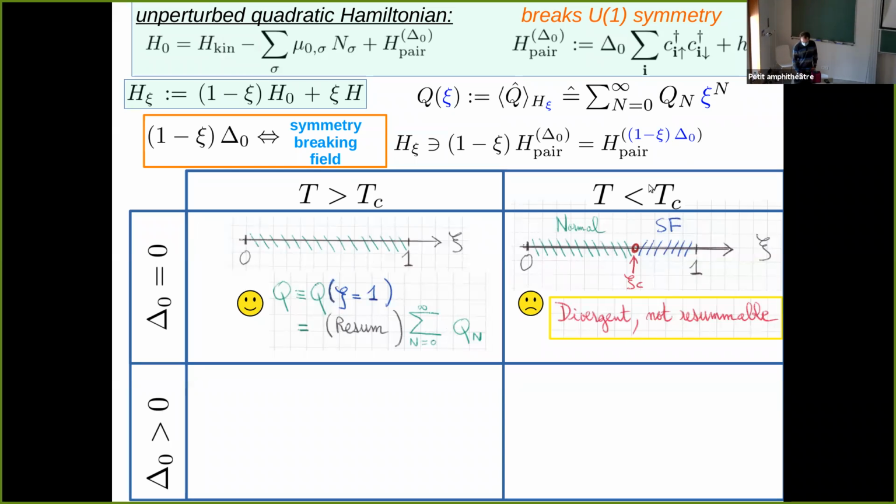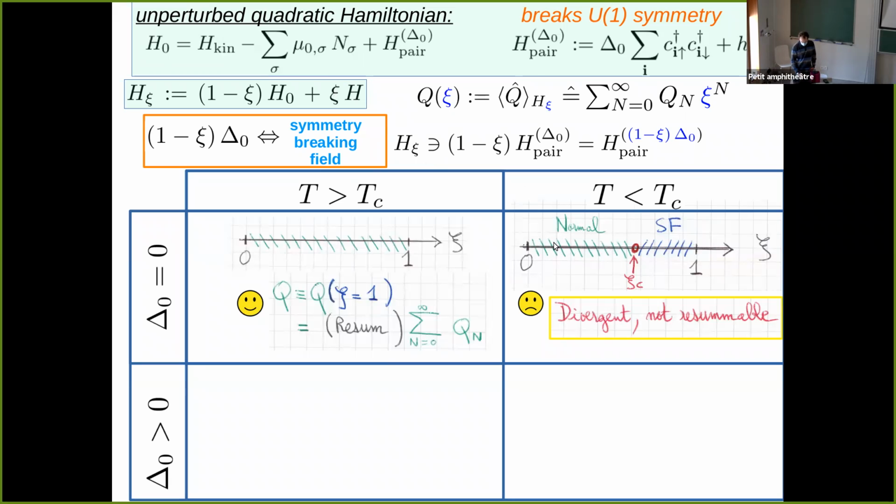However, if you are now in the superfluid phase below Tc, and you still do this expansion without breaking the symmetry, then you have a problem. Because at psi equal 1, you are at the physical point where it's superfluid, because we are below Tc. Whereas at small psi, you are in the normal phase. Because when psi is small, actually the interaction is also small because it's multiplied with psi.